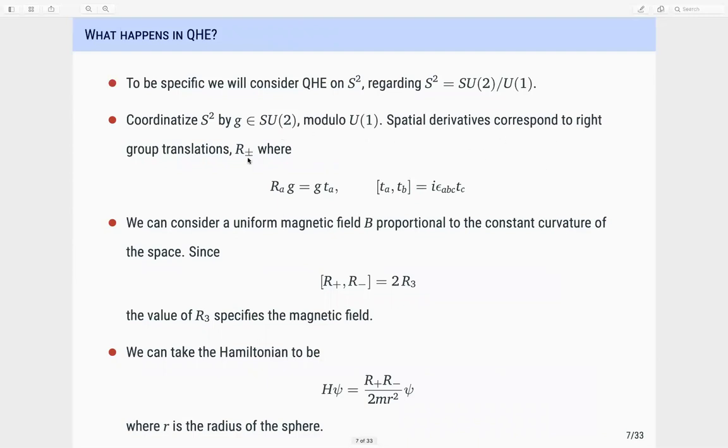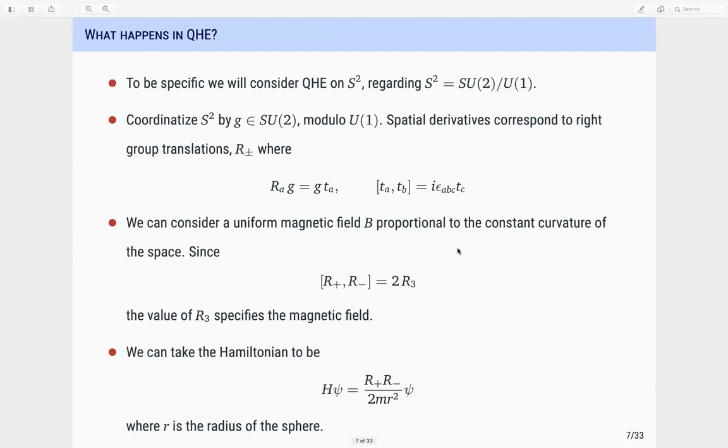Let's say R plus, R minus, where R acts on this SU(2) matrix element by generators appearing on the right translations. These are the standard generators of SU(2) in some normalization. So we want to consider a uniform magnetic field proportional to the curvature, which is this U(1)-valued curvature, which is of course constant in a suitable basis.